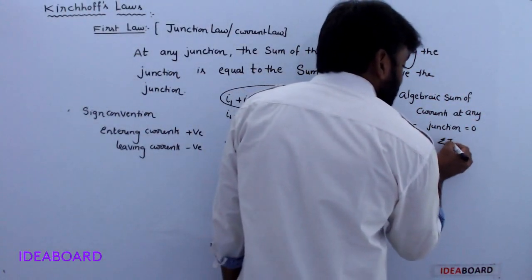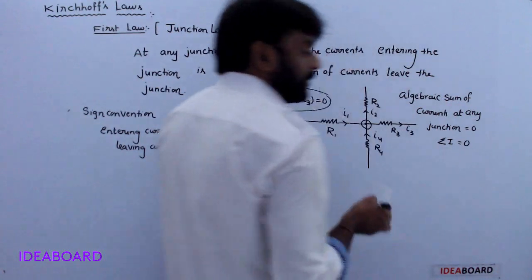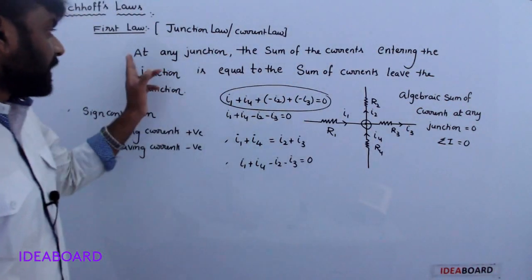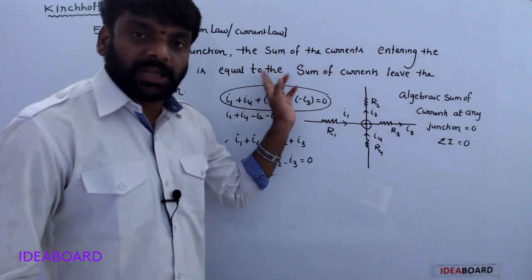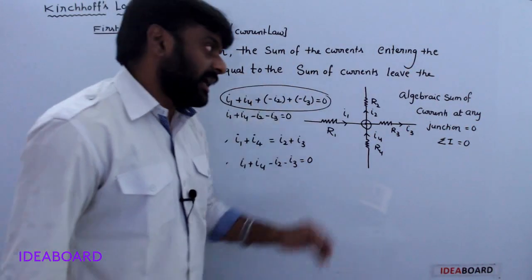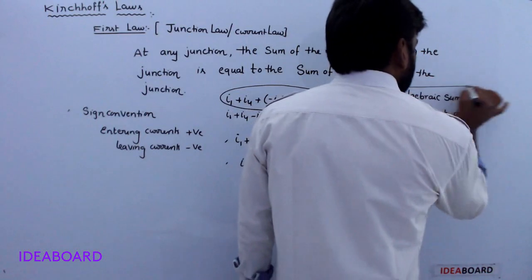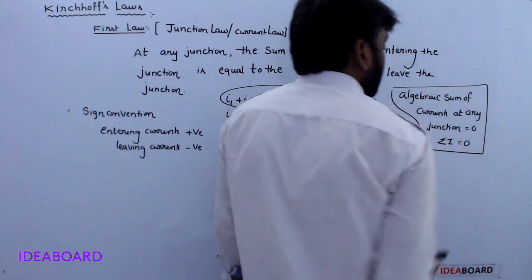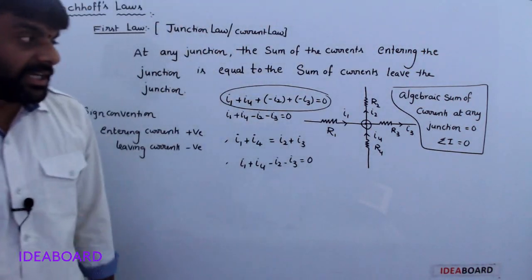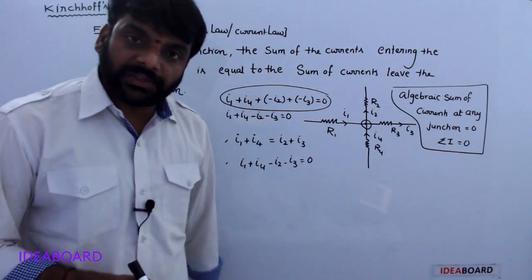That means sigma I is equal to 0. One definition: at any junction the sum of the currents entering the junction is equal to the sum of the currents leaving the junction. Another definition: the algebraic sum of currents at any junction is equal to 0.